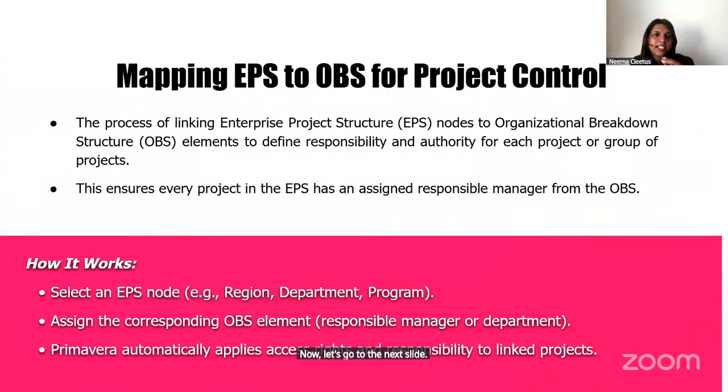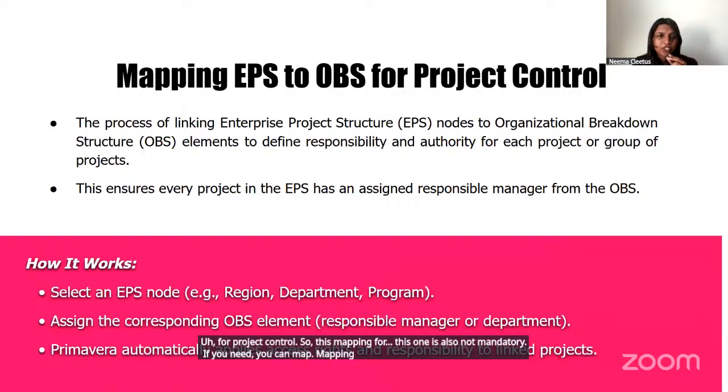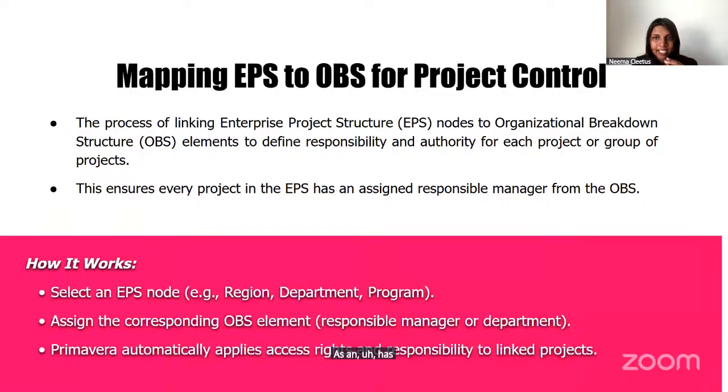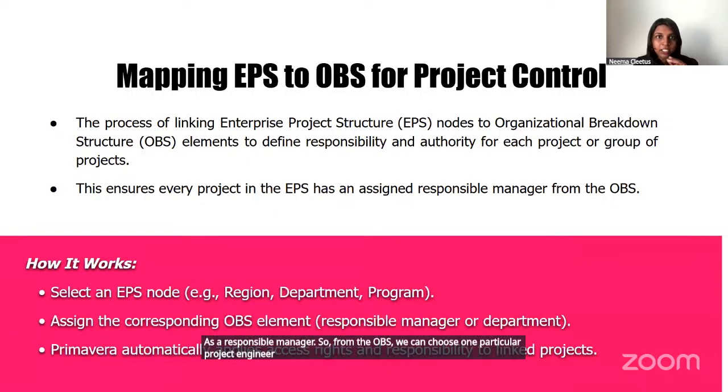So the next slide is about mapping the EPS to OBS for project control. So this mapping is also not mandatory. If you need, you can map. Mapping is simply to ensure that every project in this particular EPS has a responsible manager. So from the OBS, we can choose one particular project engineer or project manager for the EPS.